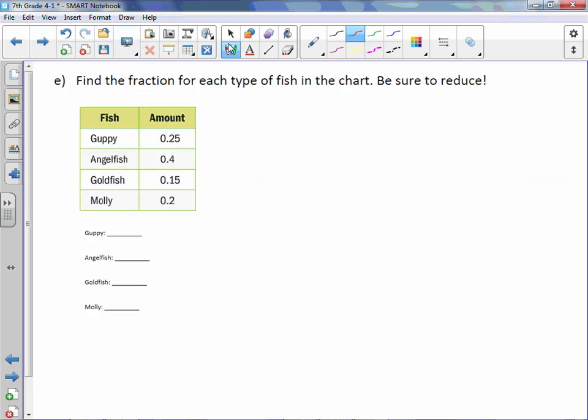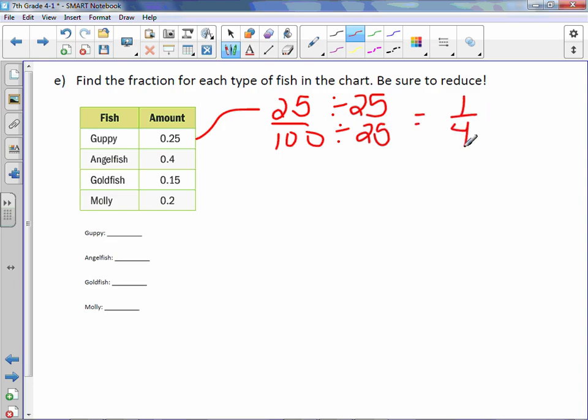Find the fraction for each type of fish on the chart. Be sure to reduce. So the guppy fish, we read that 25 hundredths, or 25 over 100. Divide numerator and denominator by 25, and we get 1/4. So the guppy is 1/4. The angelfish is 4/10. Divide numerator and denominator by 2, and we get 2/5.